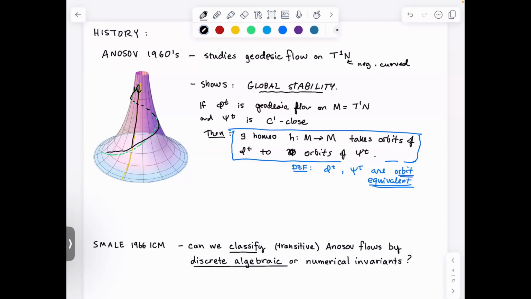Individual orbits are very sensitive to initial conditions, but the whole system is globally stable. So this is a beautiful juxtaposition, often called global stability, but local chaos.